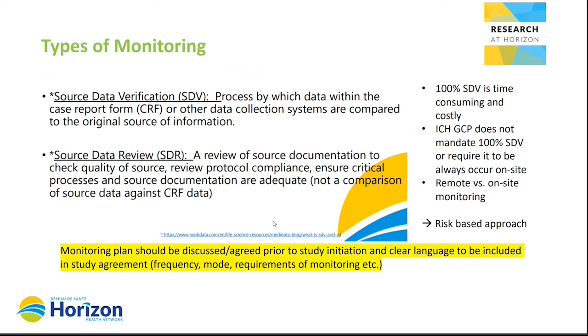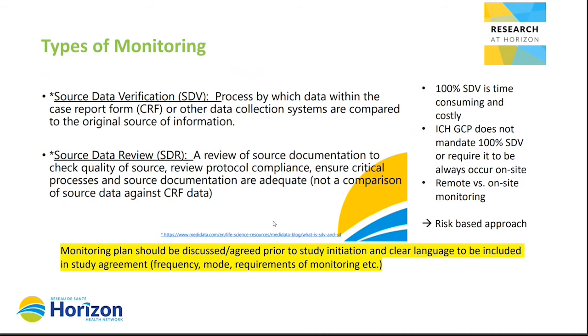Just to let you know, the ICH GCP does not mandate 100% SDV. It's not a requirement. So what the sponsors have come up with over the years is a move to what's called a risk-based approach.